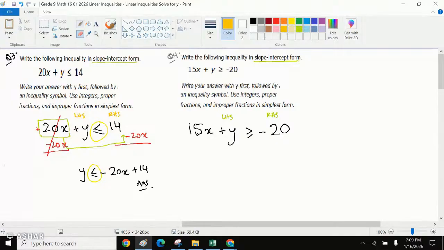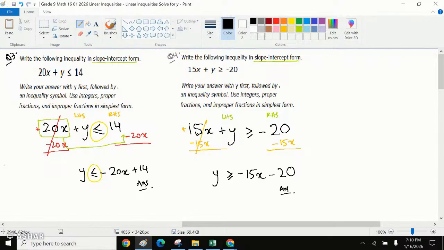So since this is already a positive, we subtract 15x on this side, and we subtract 15x on the other side. That means y can be written as, the sign stays the same, minus 15x and negative 20. And this is our answer.